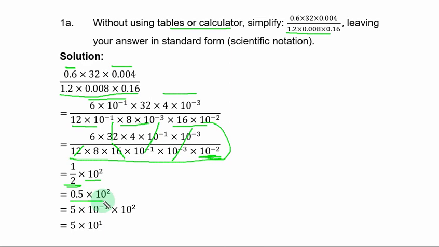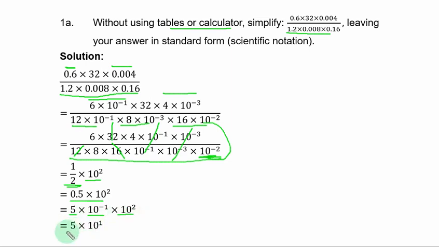Now in standard form, the point always comes after the first non-zero number, after it, not before. So the point should leave where it is to after 5. That should be 5.0, the same thing as 5. The point moved once, you multiply it by 10 to the power of minus 1 before this 1.